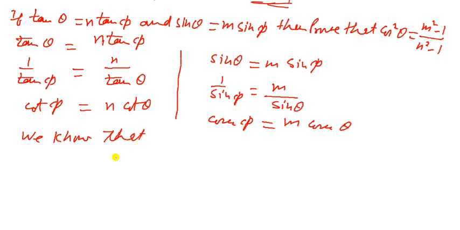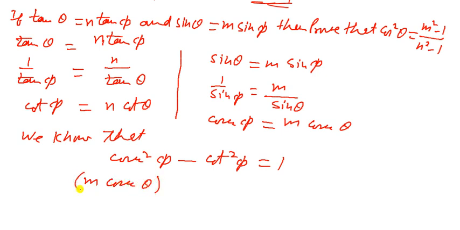Now we want to remove the phi. So we know that cosec square phi minus cot square phi is equal to 1. Now put the value of cosec phi and the cot phi.